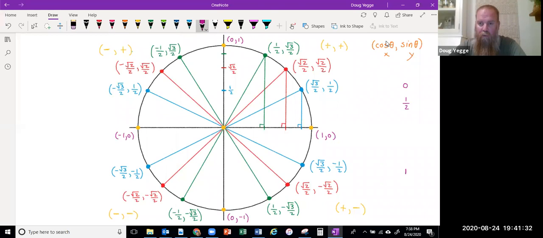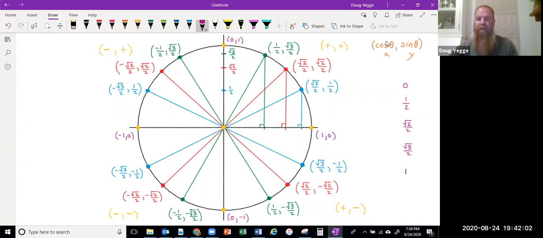And the last thing to recognize as I continue to move from 45 degrees to 60 degrees, the next value is √3/2, which means that my final ratio that I ever get to is √3/2.